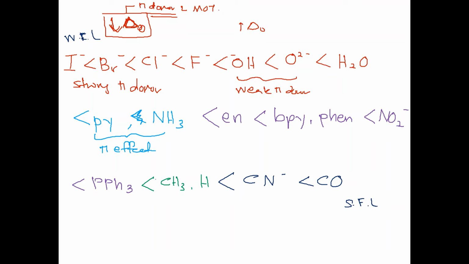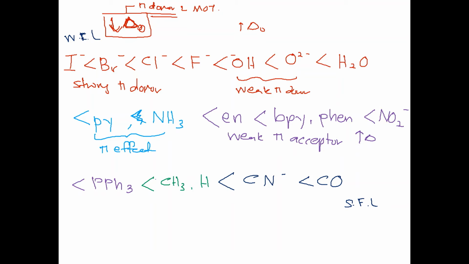And then when we move on to ethylenediamine, it starts to have the characteristic of a weaker pi acceptor, so the delta O tends to increase.